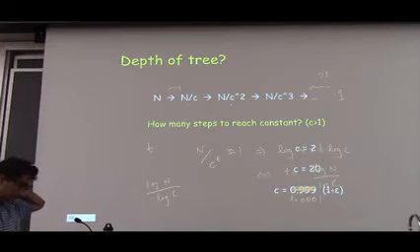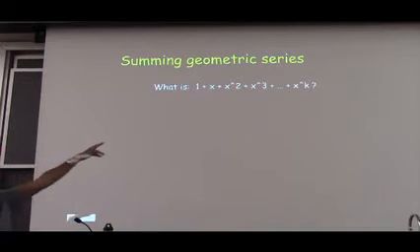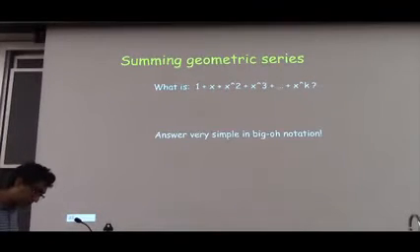Another thing that is very useful when you are dealing with these kinds of problems is the knowledge of how you sum geometric series. This is something all of you should have hopefully seen in high school. So basically if you have 1 plus x plus something up to x to the k, where x is some number, what's the answer to this?